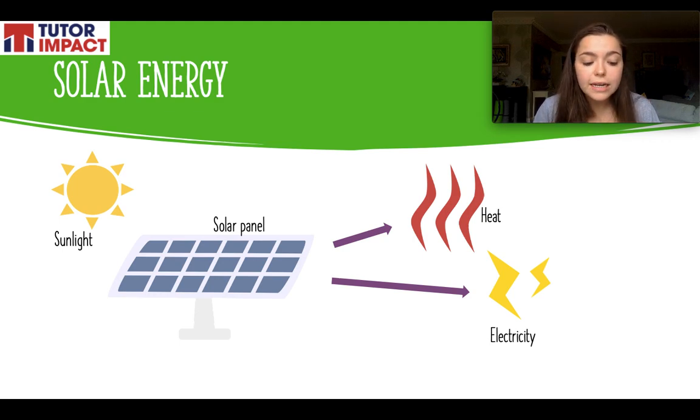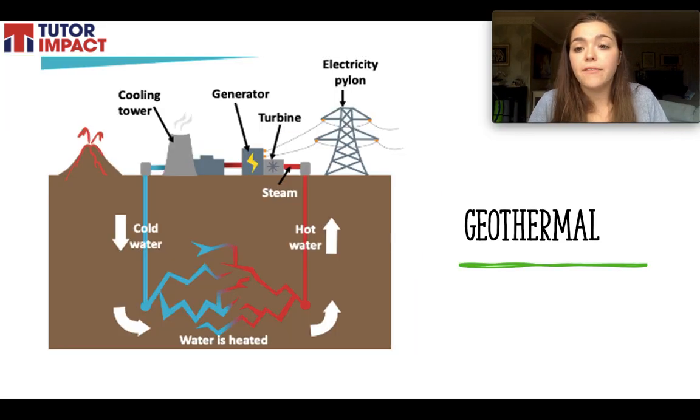The only problem really with them is that it can be difficult to generate a lot of electricity from these, so it can be expensive to meet the electricity demands that we have. They also obviously can't be harnessed in places where we don't have strong sunlight. So the UK is not the best contender for solar panels, whereas somewhere like California in America, great, they have kind of wall-to-wall sunshine.